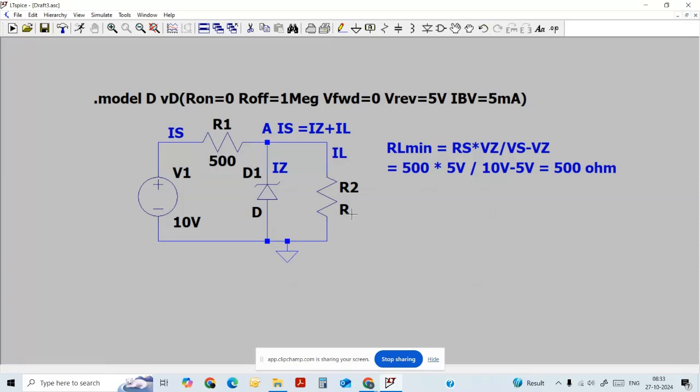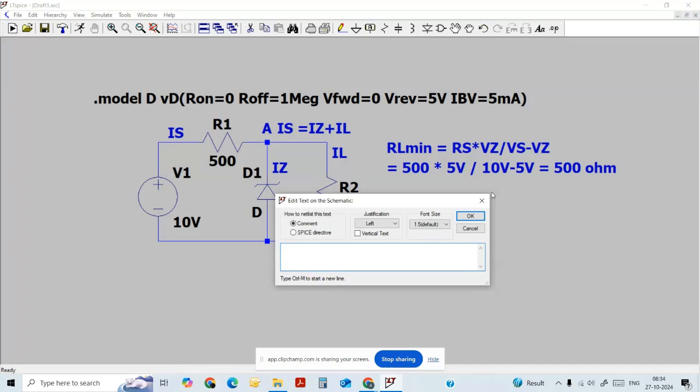When the resistor is maximum, the current flowing through that resistor is minimum. As per that, IL is minimum and RL is maximum.